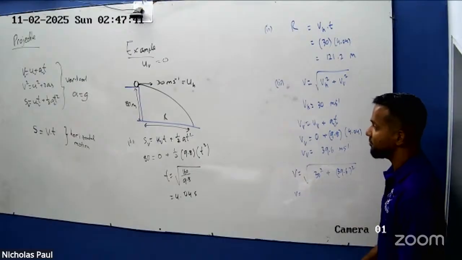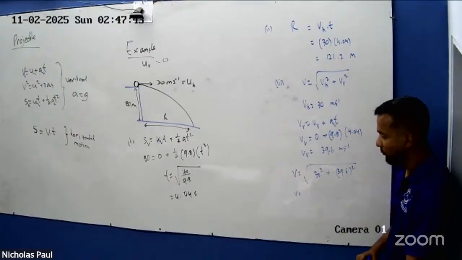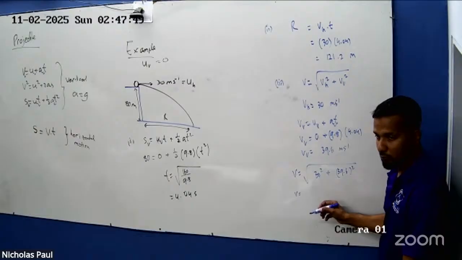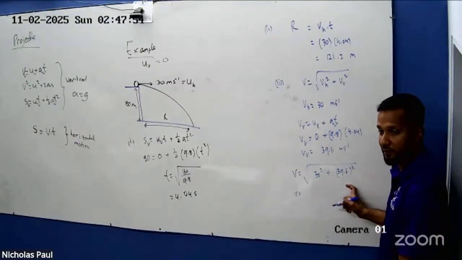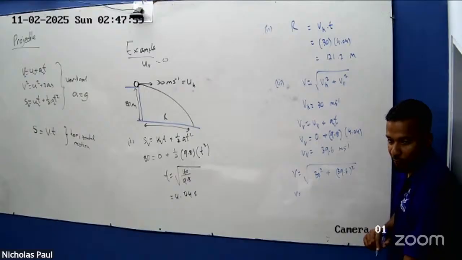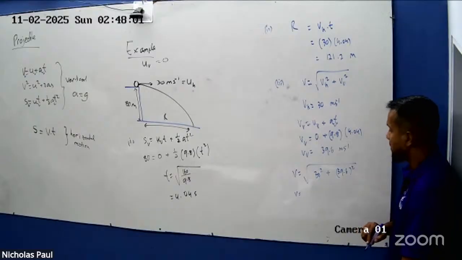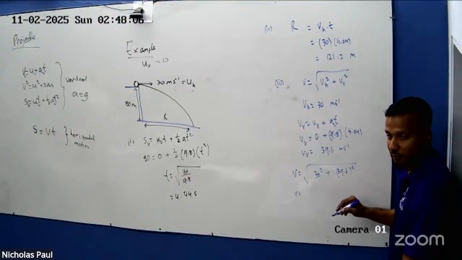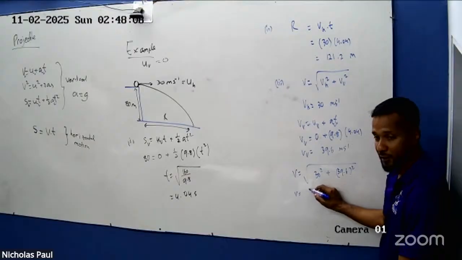That'll give you a velocity. How much is that? Just check one more time. 30, right? And 39.6. Same thing? How much? 49.6.